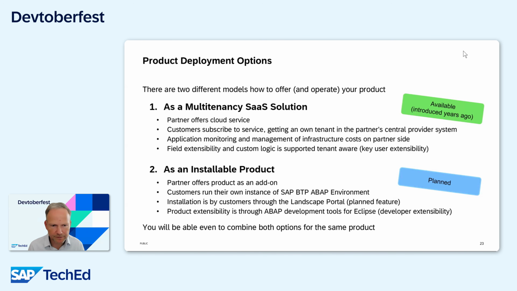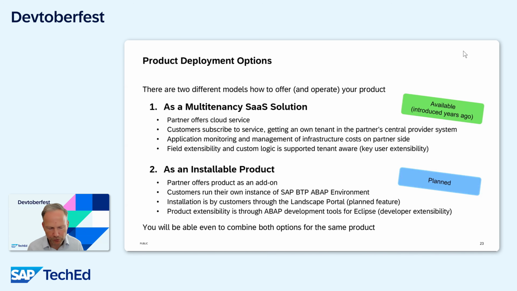And the good thing is, as a partner, you could even combine both options for the same product. So for smaller scenarios, or smaller customers, you could offer your product as a multi-tenancy SaaS solution, which can then have a cheaper pricing from a service perspective, because it would run on a central provider system on the partner side.